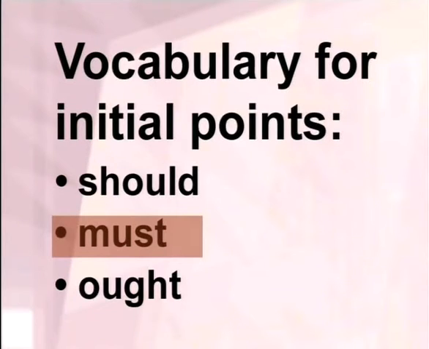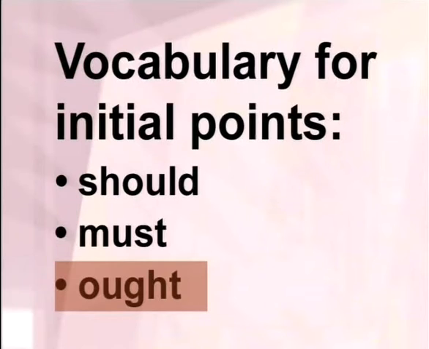Our second word, must. The word must is a commanding word. It's a strong word. So for example, it would be used in a sentence something like, people must understand that all chemicals don't react in the same way. And then the third word which we've used as an example, ought.